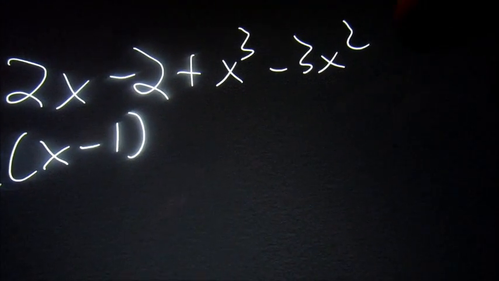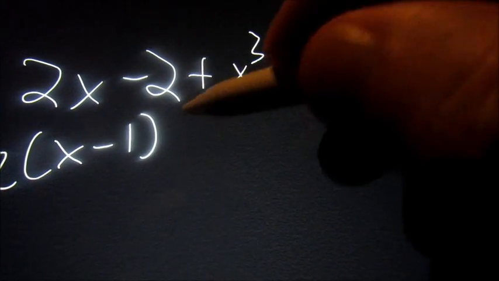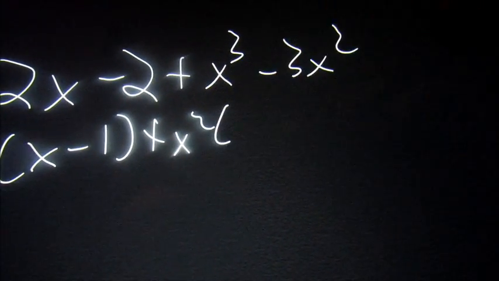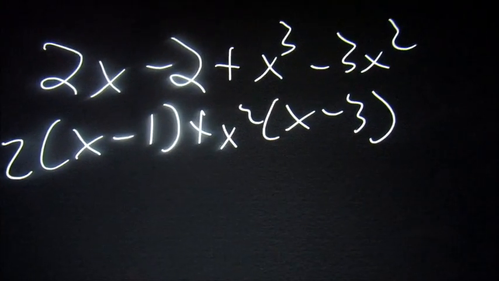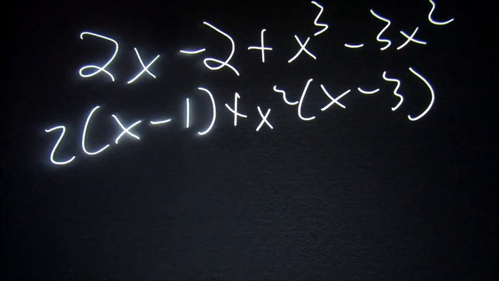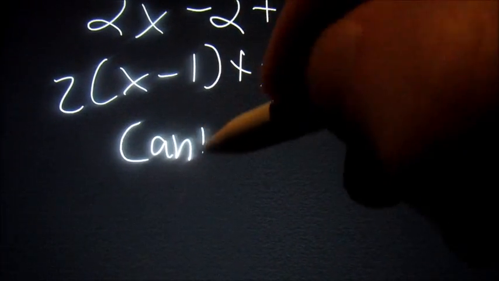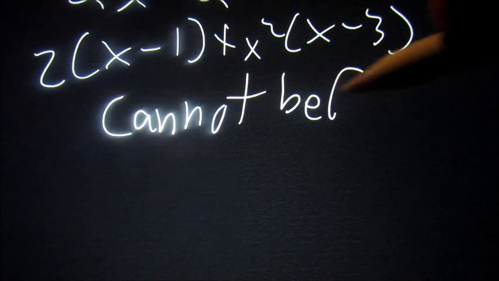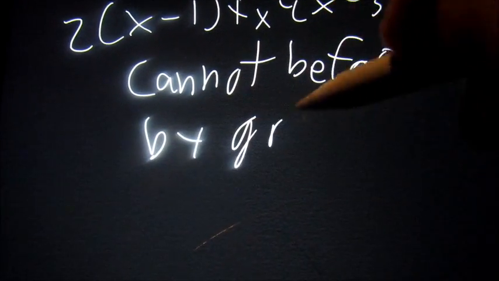On these, I can factor out a plus x squared, because the middle one's a plus, and I'm left with x minus 3. Okay, so is what's in parentheses here exactly the same as the second one? No, it's not. So this one cannot be factored by grouping.